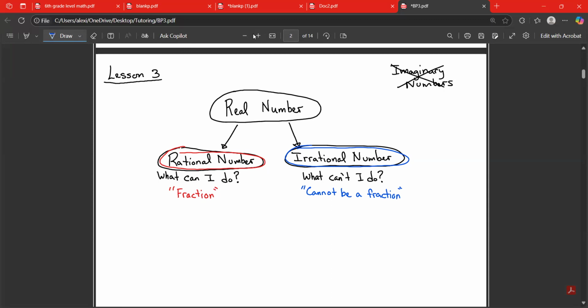So, for the time being, we're just going to focus on rational numbers. We'll come back to irrational later.